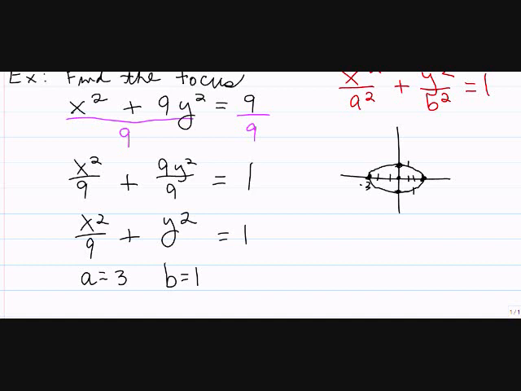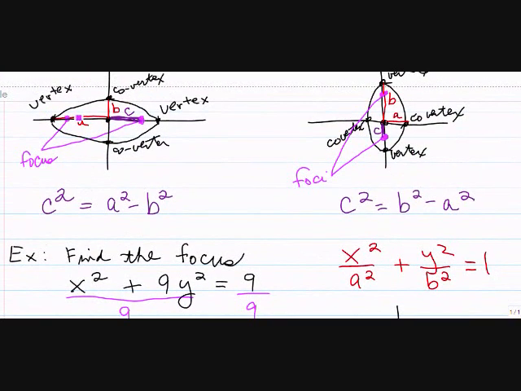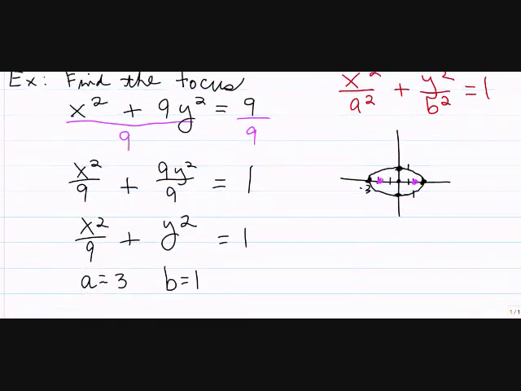I've got a good idea where the focus is. It's along the longer axis. So let me just kind of throw my foci in. Oh, they're here somewhere. All right, now this is a horizontal ellipse. So it's c squared equals a squared minus b squared.